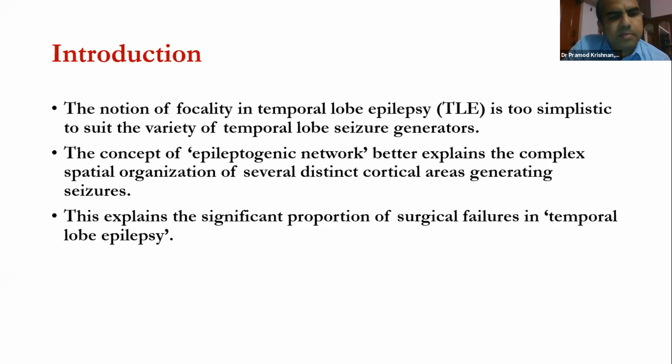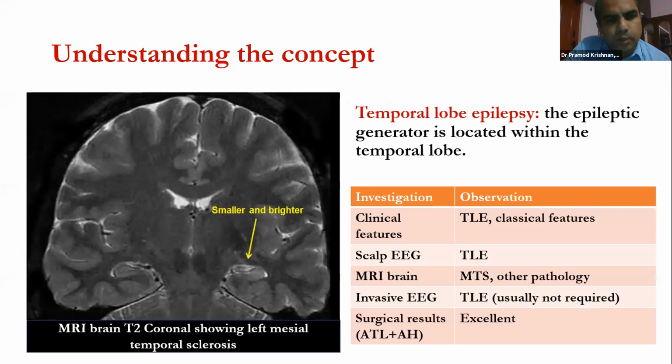And it is this concept that also explains why a good number of patients who have so-called temporal lobe epilepsy undergo surgery with probably concordant clinical, electrical and radiological data, and yet come back with seizures. So this is to understand the concept. This is our classical mesial temporal epilepsy.